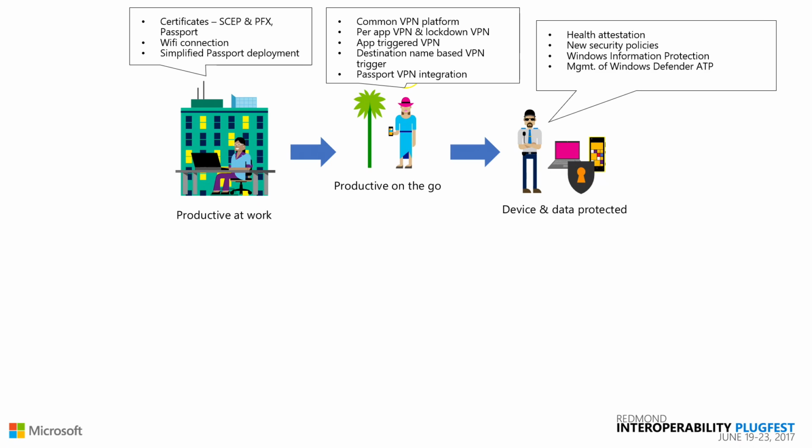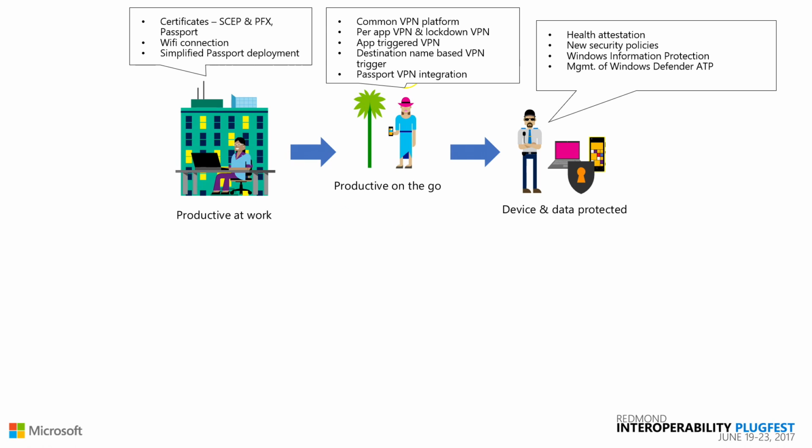My device and data are protected. So we have things like health attestation, which is a service that an MDM server can call on a device and ask it to prove that it's healthy. So there's a service that runs alongside MDM that can be used to have a device attest to the fact that it is healthy, so you know if it's jailbroken or compromised or anything of that nature.